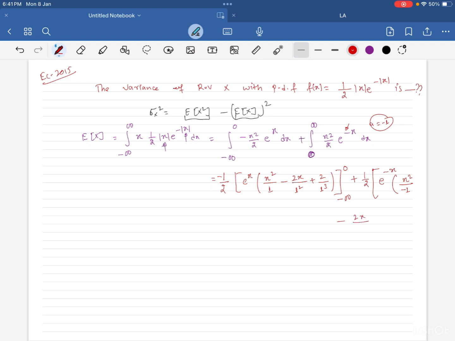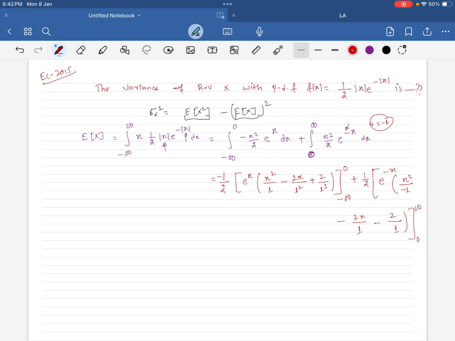So a is minus 1, ultimately we are going to get 1, then plus the differentiation of this one, right? So it is 2 divided by a, a is minus 1, so here we are going to get minus 2 divided by minus 1 cube, and the limit will be from 0 to infinity.